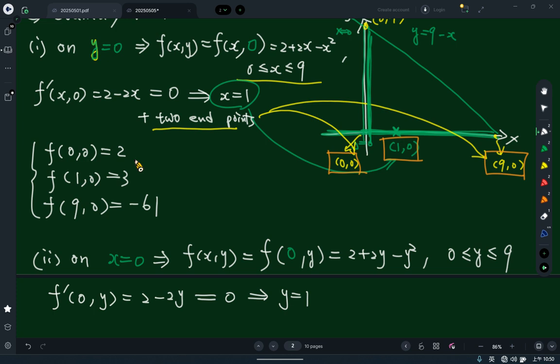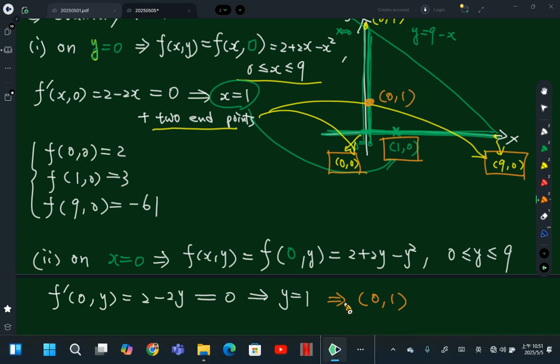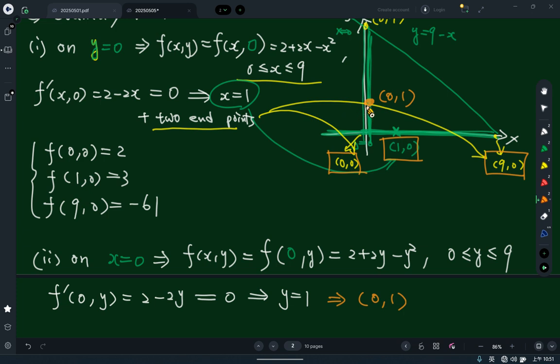Then the point will be (0, 1), which is located here.